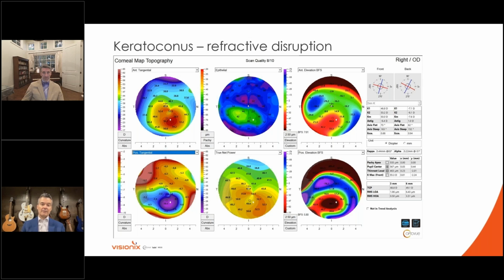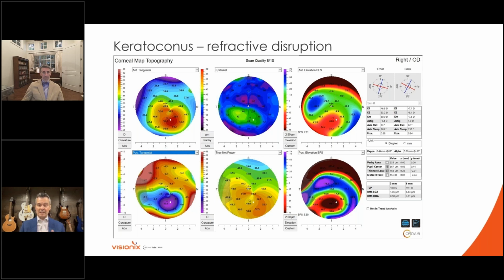BFS is an acronym that stands for Best Fit Sphere. What this is describing is how much the surface of the cornea varies from the best fit sphere, on both the posterior surface, which you can see in the bottom right, or the anterior surface, which is the top right. And what we know is that some of the earliest signs of keratoconus are actually seen as this deviation from best fit sphere on the posterior surface of the cornea.